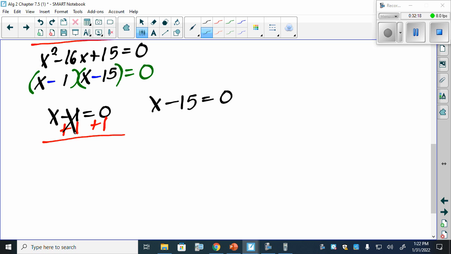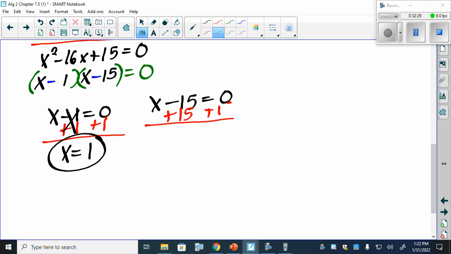Negative 1 plus 1 will cancel out, telling us x is equal to 1. And on the other side, we would add 15 to both sides. And if we add 15 to both sides, we would get that x is equal to 15. And if we went back and plugged these into the original equation, we would see that both of these here work. Both of these here are the solutions for this here.